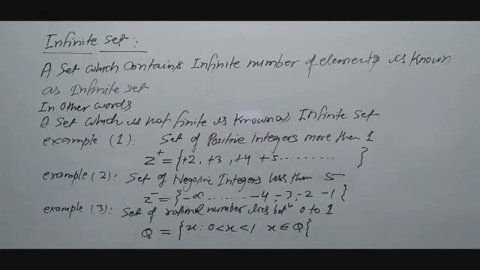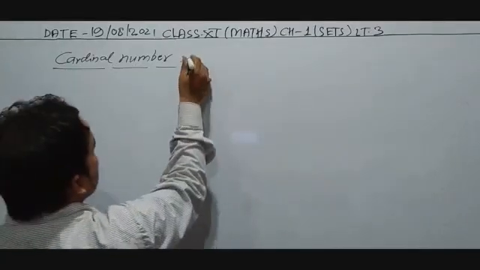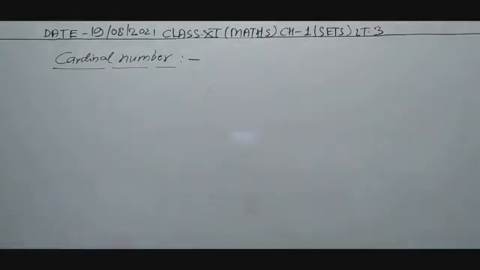So now come to the next heading, cardinal number of sets. Next heading is cardinal number of sets. What is a cardinal number? See its definition.